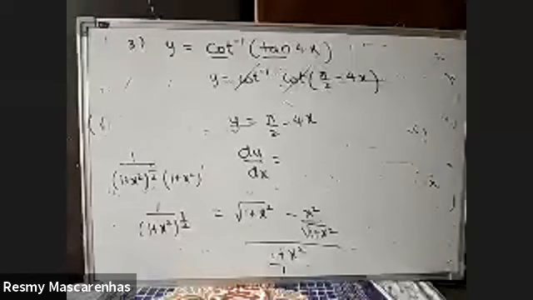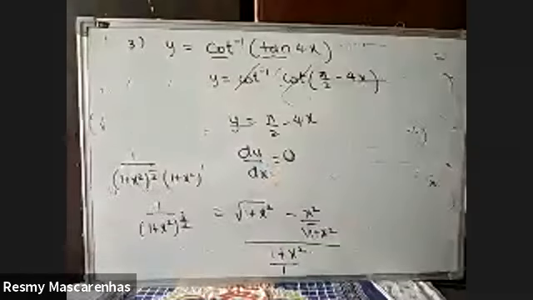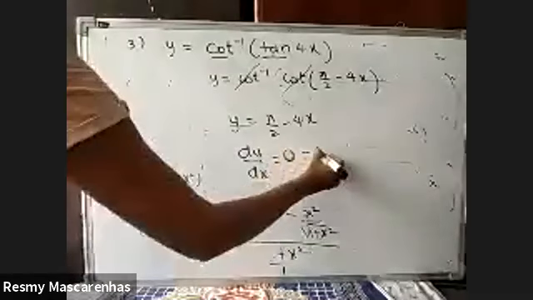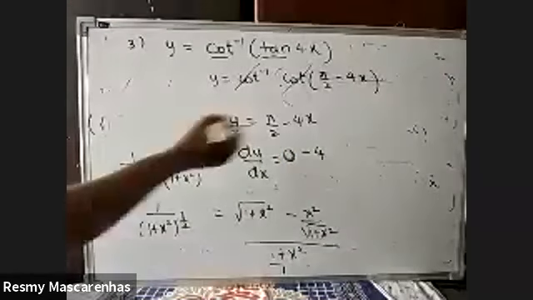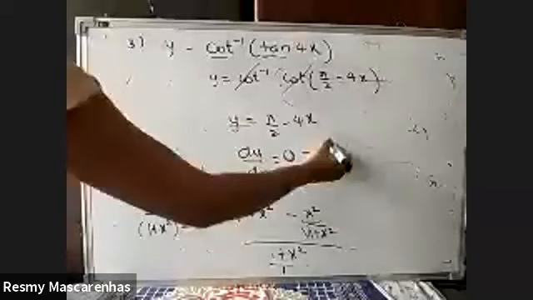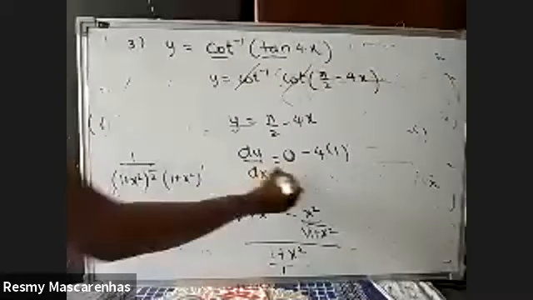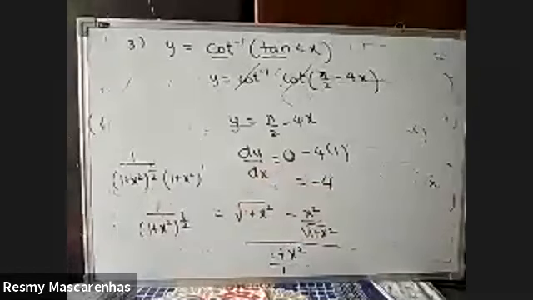So what will be its derivative? 0. Okay. So the derivative of pi/2 will be 0. And the derivative of x will be 1. So the answer will be minus 4.